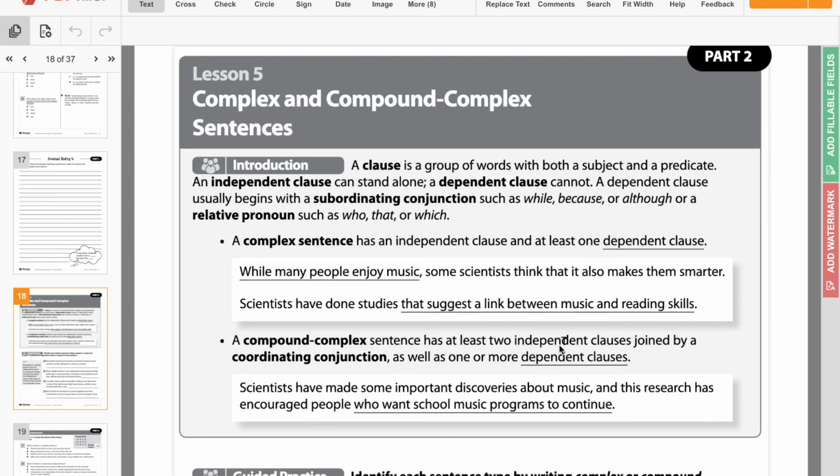Now, a compound complex sentence has at least two, usually only two, independent clauses joined by a coordinating conjunction, which is those FANBOYS words, which I'll go ahead and write over here. That's for, and, nor, but, or, yet, and so.